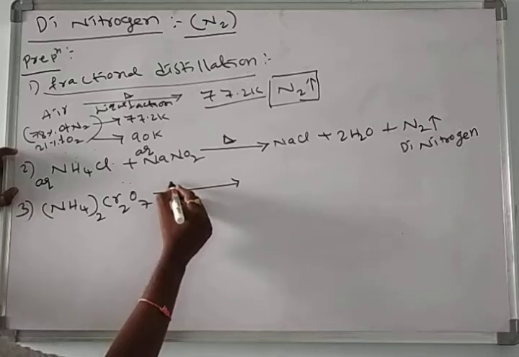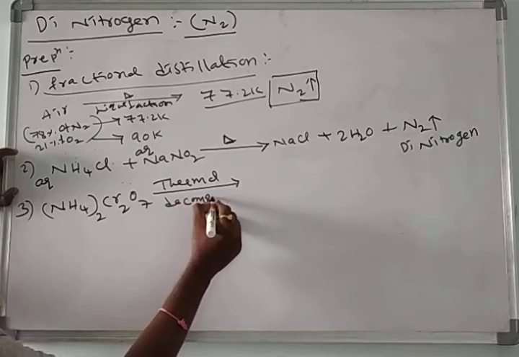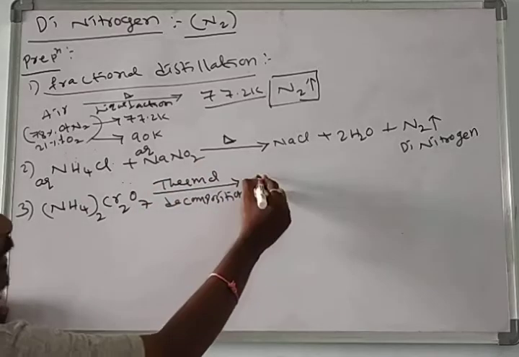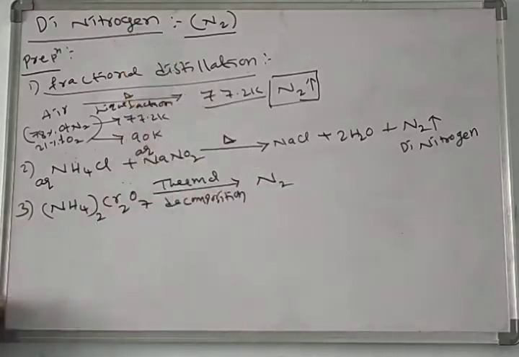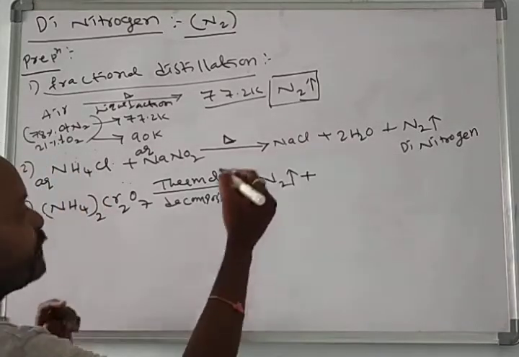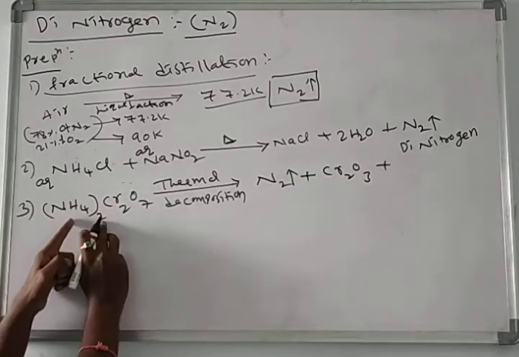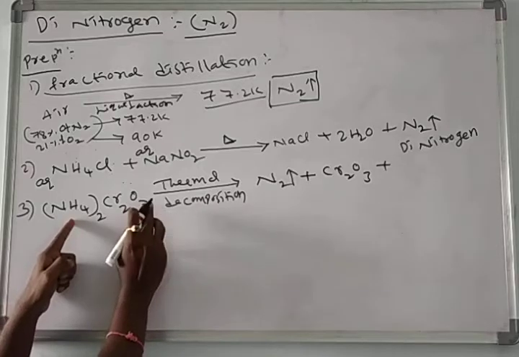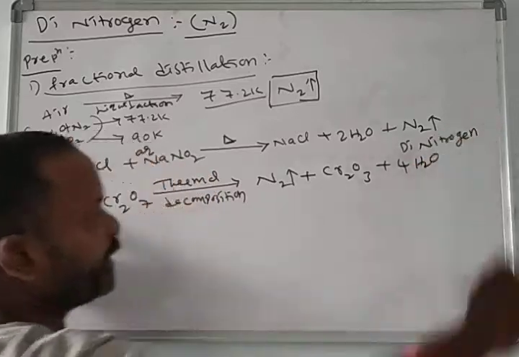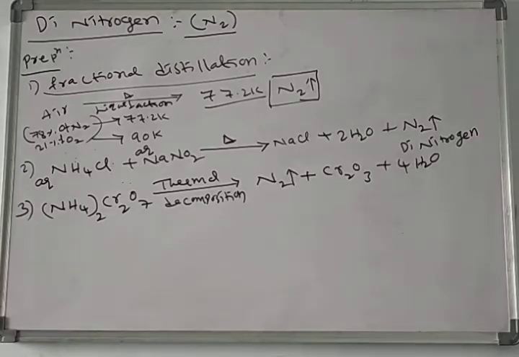The thermal decomposition of ammonium dichromate gives nitrogen gas, dinitrogen, along with Cr2O3. The remaining 4 into 2, 8 hydrogens and 4 oxygens, means 4 H2O. So we get dinitrogen, chromium trioxide, along with 4 moles of water.